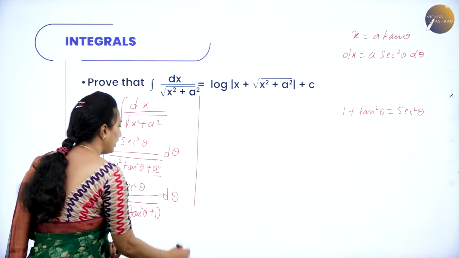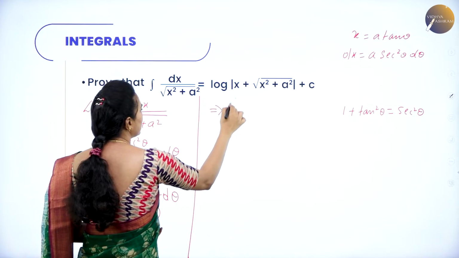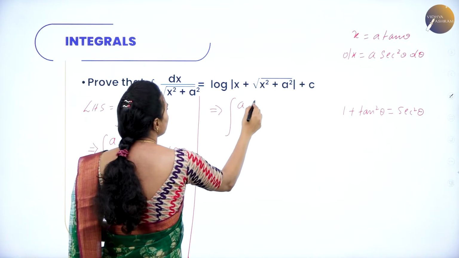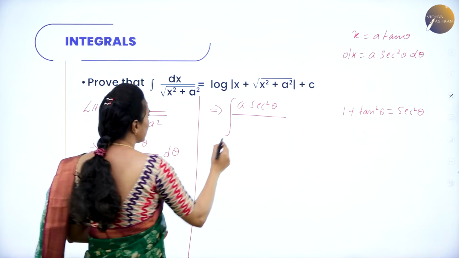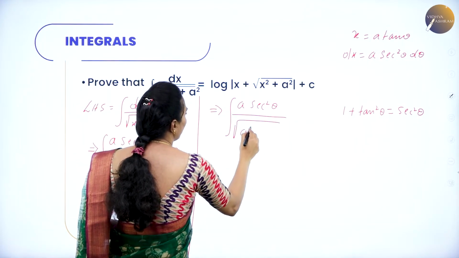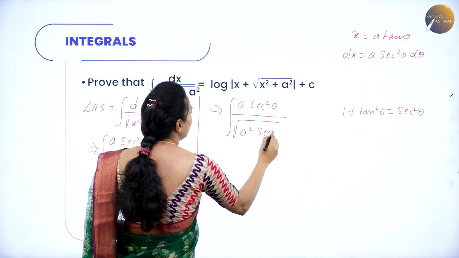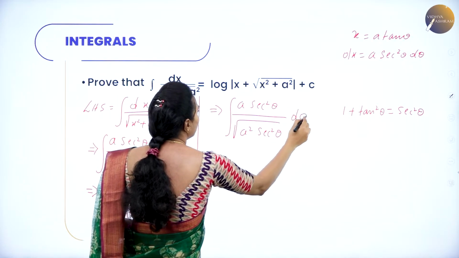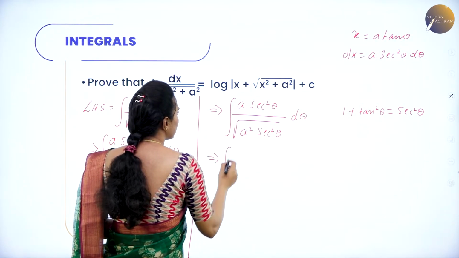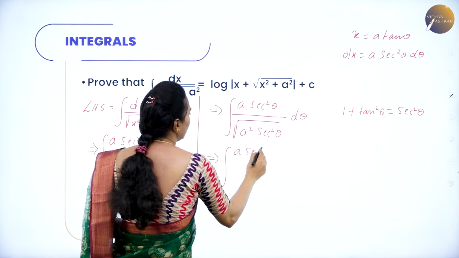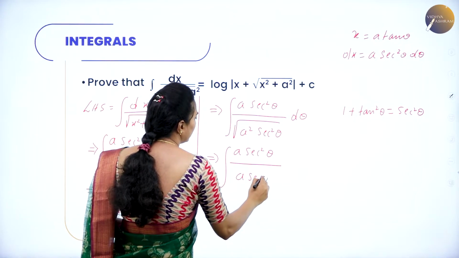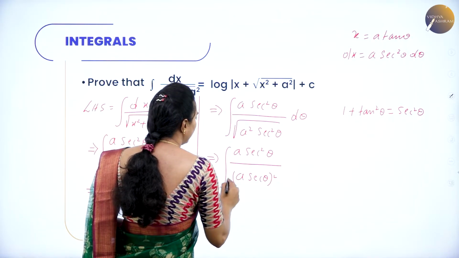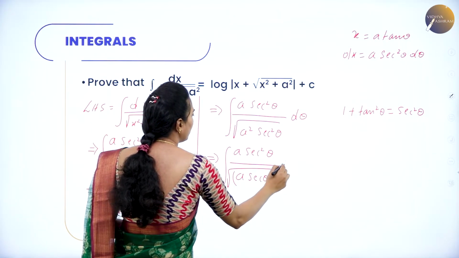So substituting that you are getting integral of numerator a secant squared theta divided by denominator under the root a squared into secant squared theta into d theta. Now you can write the denominator as a secant theta whole square under the root, so root will get cancelled.